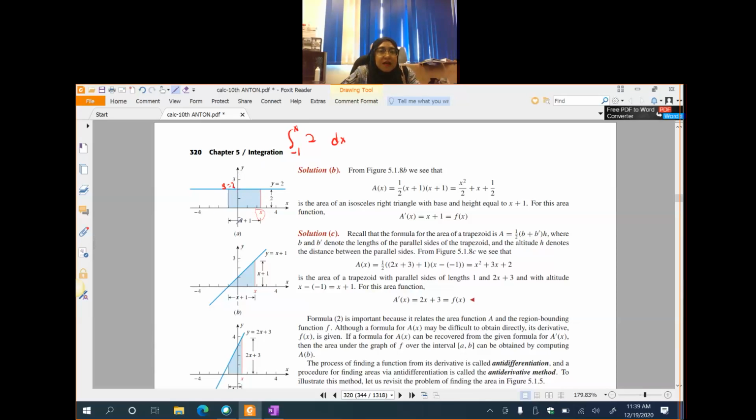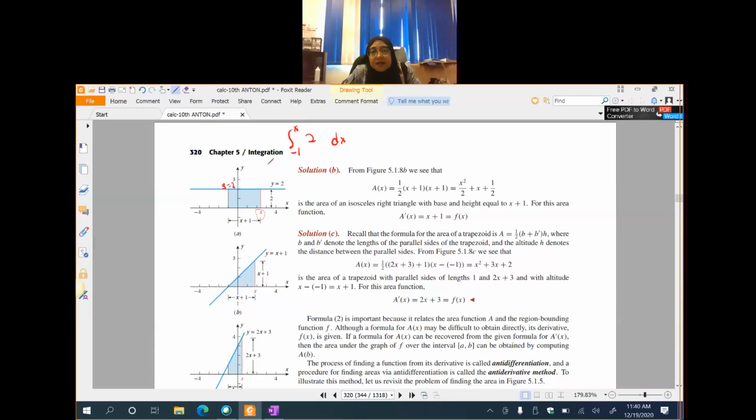If you see the area under the curve for this function y equal to 2, you don't have to subdivide it into several rectangles like before, because it is not difficult to approximate.